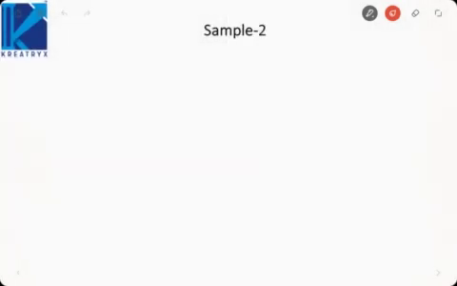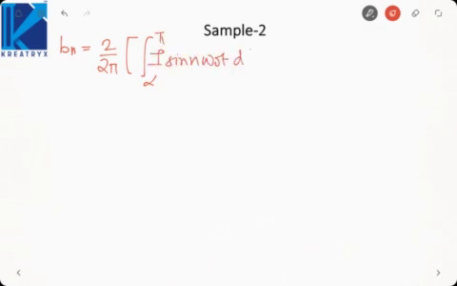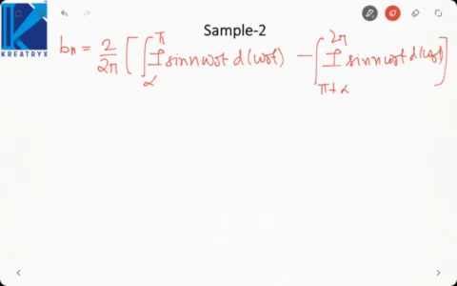Now let me calculate bn. 2 by 2 pi, then alpha to pi I sine n omega naught t d omega naught t minus pi plus alpha to 2 pi I sine n omega naught t d omega naught t.